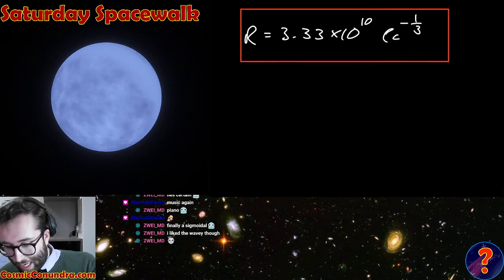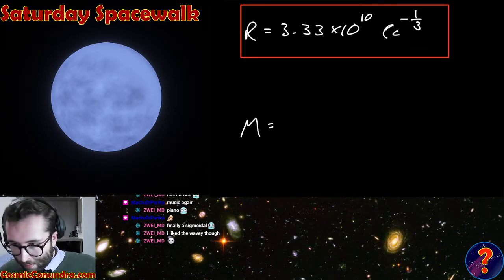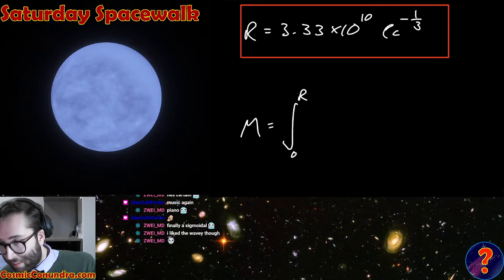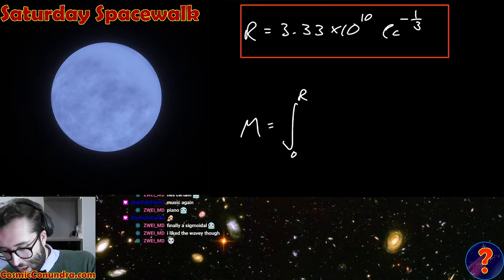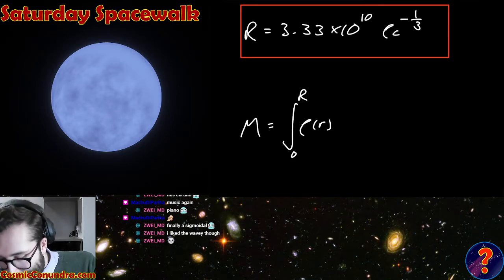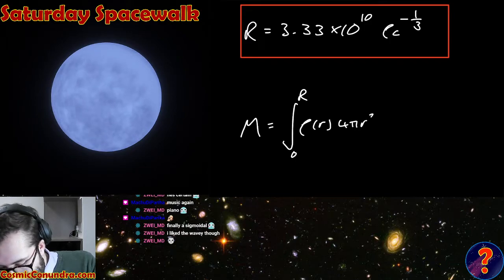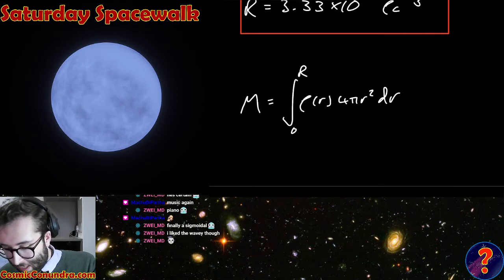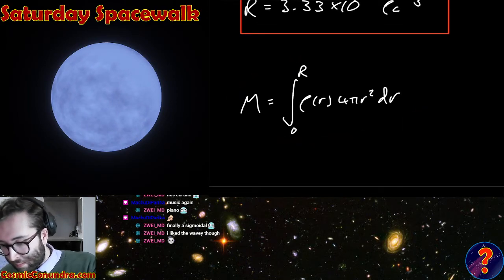And if you want to calculate the total mass from that, that is just the integral from 0 up to R, the total radius, of the density rho(r), the density at a certain radius, times 4 pi r squared dr. This will give us the total mass of the star.